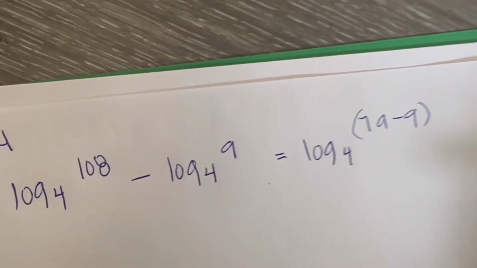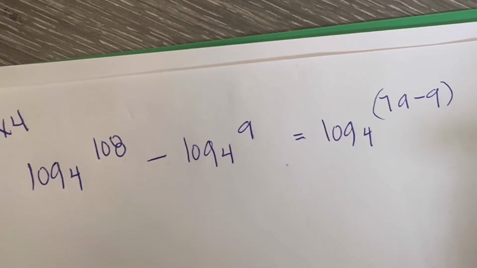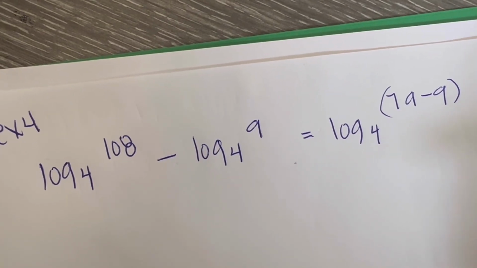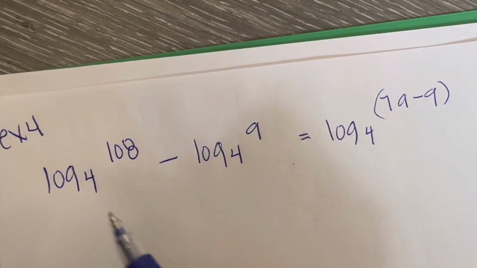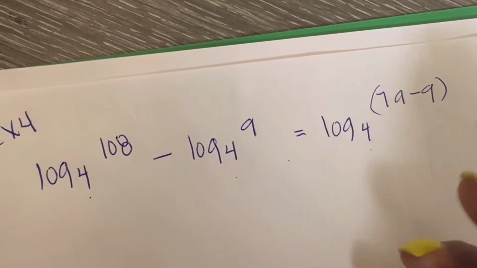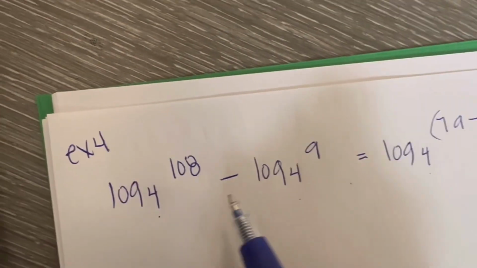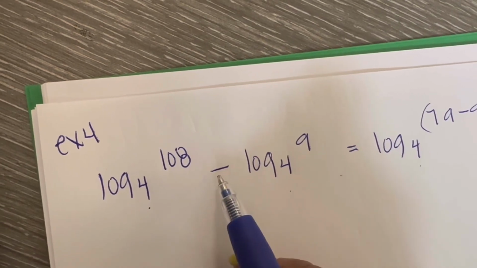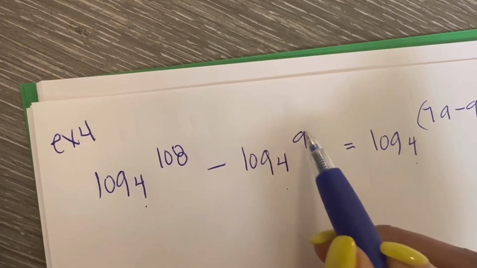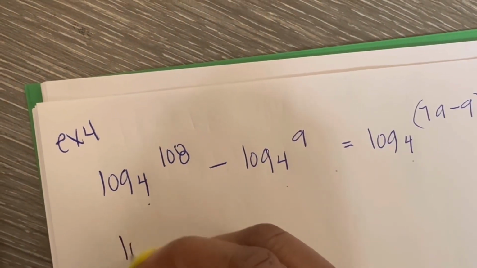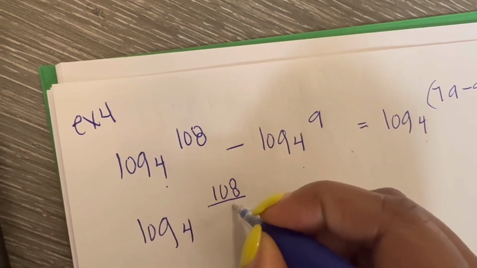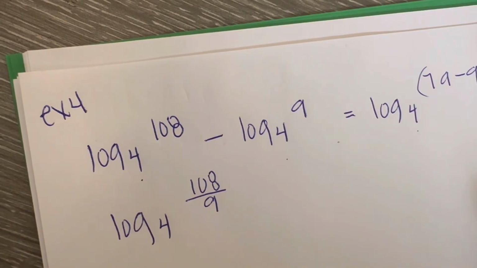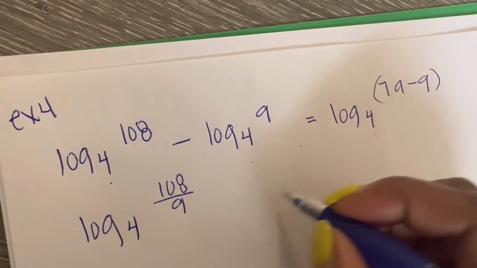Okay, we're looking to solve for a, the missing variable. So let's look at our pattern here. We have the same base, so we can work with this equation. What property is this? Subtraction. So we can divide our arguments. So take log base 4 of 108 divided by the other argument, 9. Bring this down.